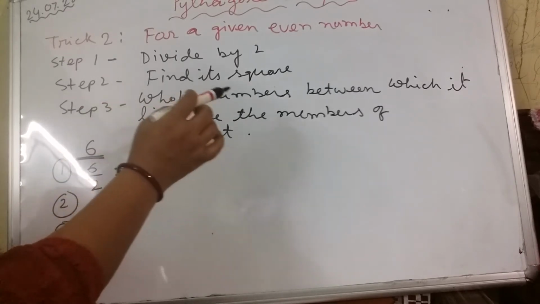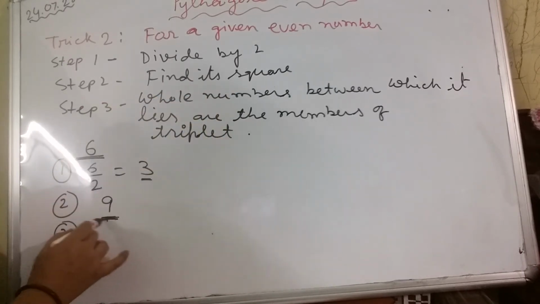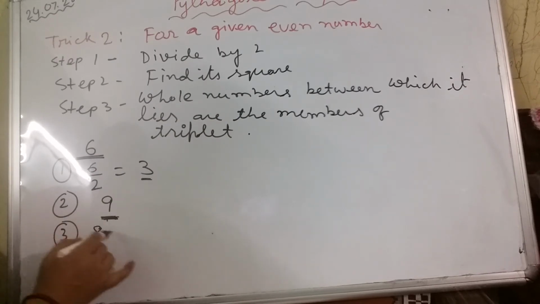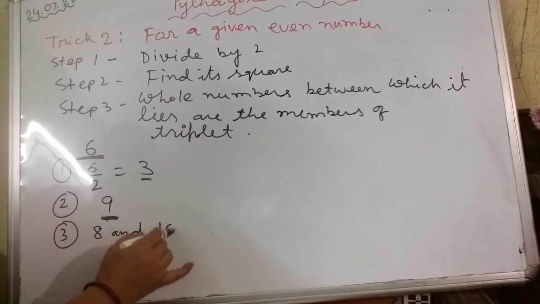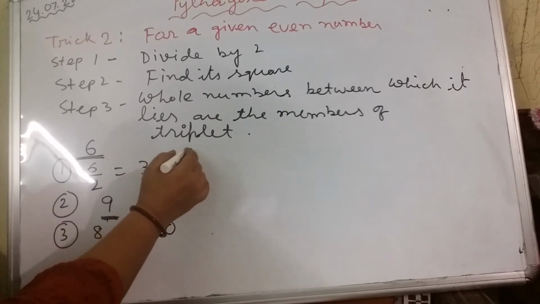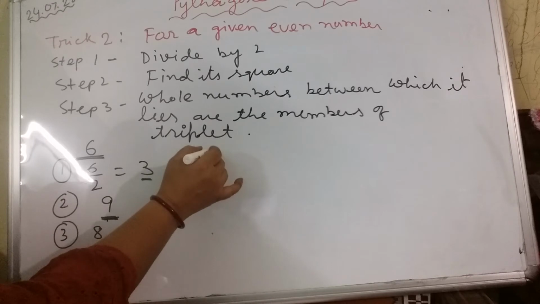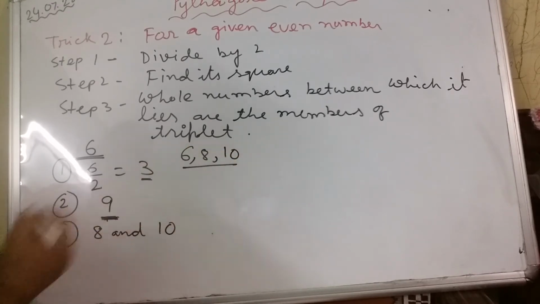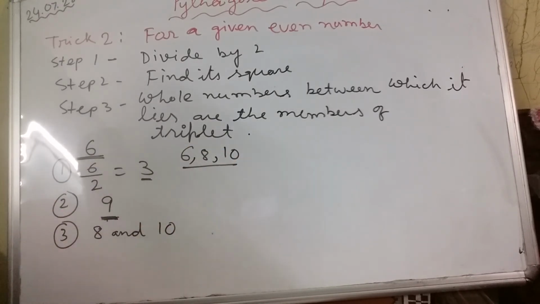We will consider the numbers between which it lies. So 9 lies between 8 and 10. So the Pythagorean triplet is 6, 8 and 10. Understood?